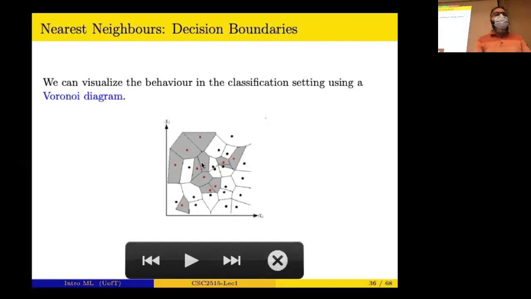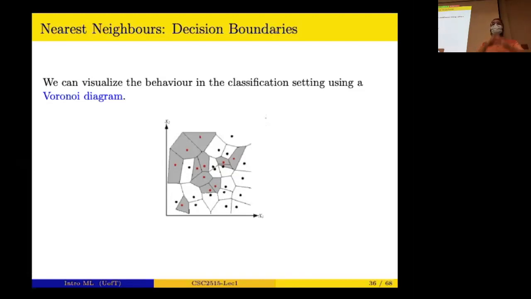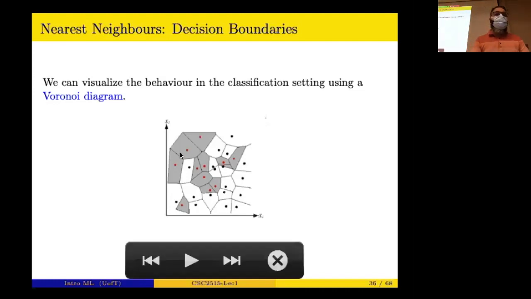And then we have this other point. So essentially, each of these cells would be the regions, subsets of the input space, that are closest to each of these points. So here, for example, this white one corresponds to the closest to this blue one.